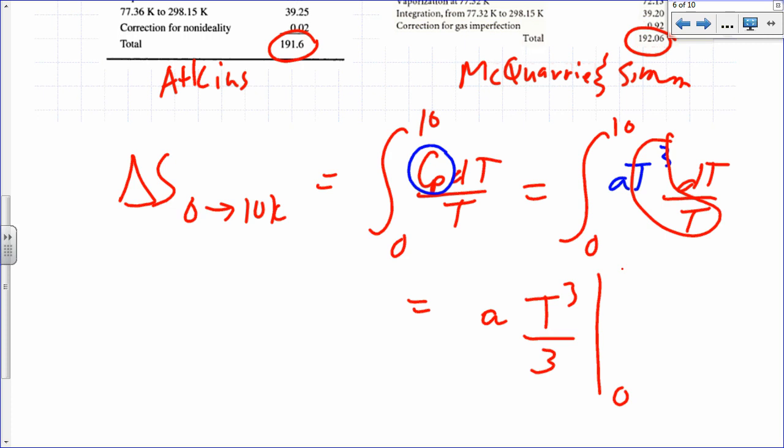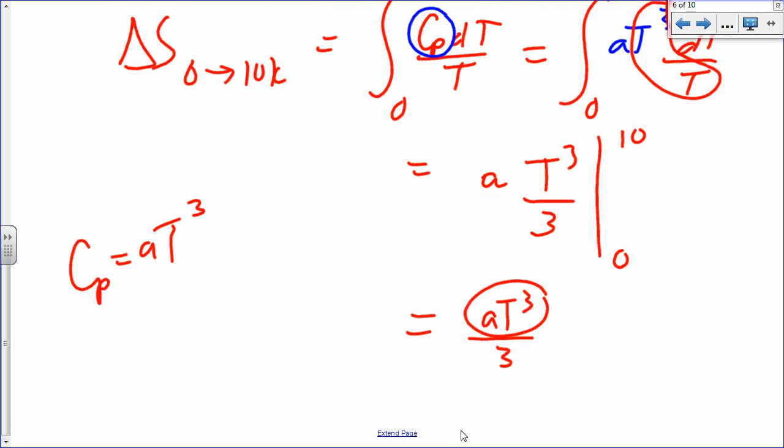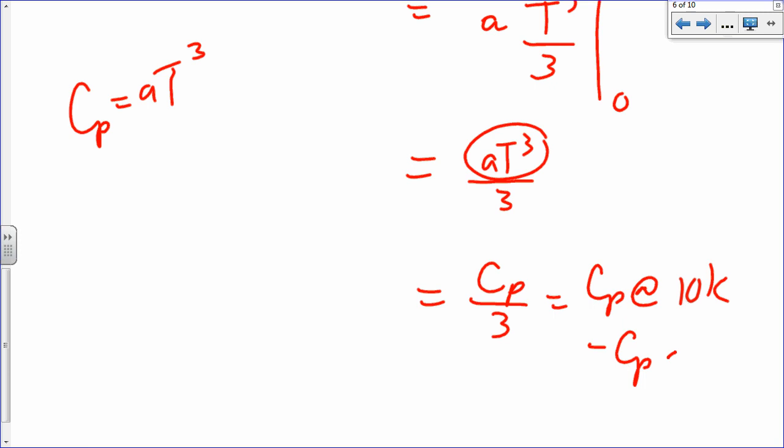But what is AT cubed? Cp is just AT cubed, so that's just Cp over 3, or 1/3 Cp. So this is Cp at 10 Kelvin minus Cp at 0 Kelvin. What is Cp at 0 Kelvin? It's going to be 0, because when you plug in T equals 0, Cp is 0.